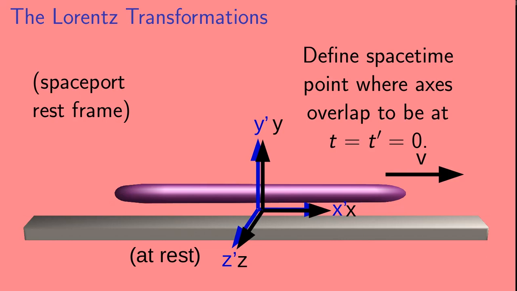They decide that the space-time point where the origins of the two sets of axes coincide will define the zero of their time coordinates. So the space-time point where this overlap happens is at t equals 0 and at t prime equals 0.